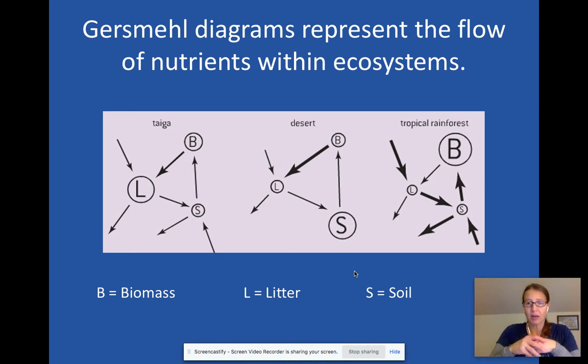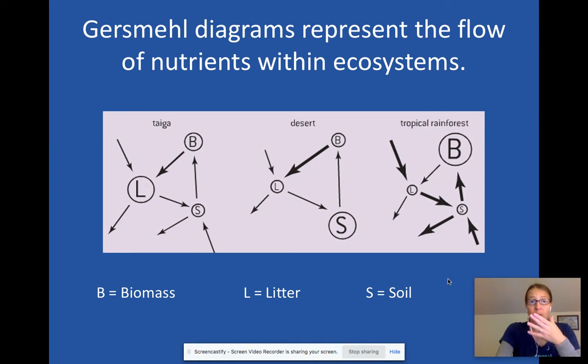We're not going to focus on any one in particular. You can see that there are 3 storages in each of these. The biomass, that's all the living organisms, the plants, the animals. The litter, that's basically the detritus, like all of the fallen leaves and dead animals and things like that. And then the S is the soil, so it's generally more of an inorganic form.